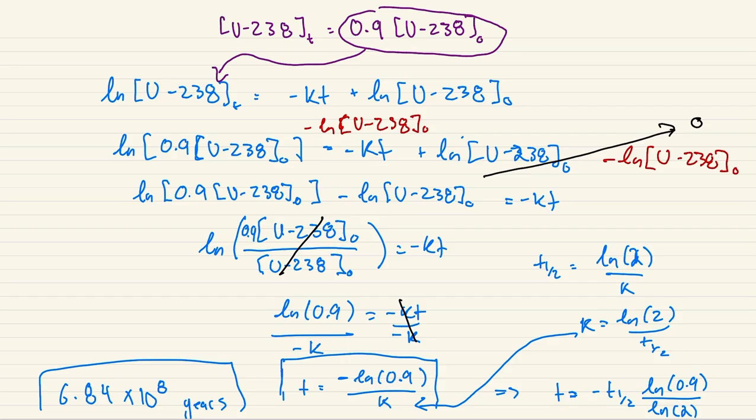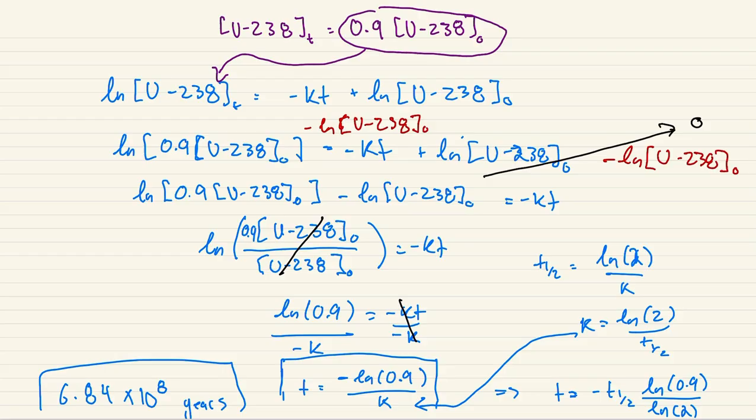What was the length of a half-life for this question? Yeah, 4.5 billion years, right? And this one is 684 million years. So is that larger or smaller than a billion? Smaller, right?